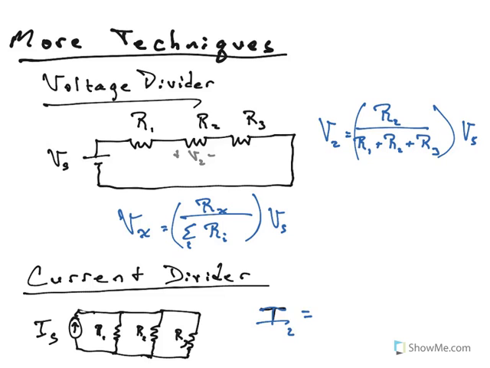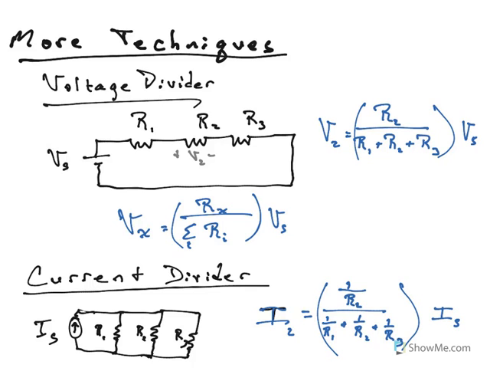This is a shortcut, and what it says is if I want the current on the second resistor, then I take 1 over the second resistor, and I divide it by 1 over the sum of each resistor. Take whatever that number is, and I multiply it by the total current of the circuit.